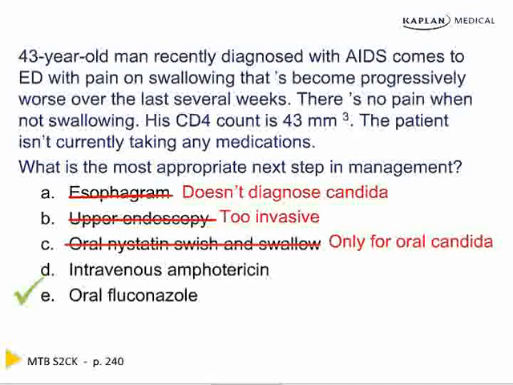Oral nystatin swish and swallow is not sufficient to control esophageal candidiasis. It really only treats oral. Intravenous amphotericin is used for confirmed candidiasis not responding to fluconazole. Therefore, it would be considered too much of a big gun. So remember, if a patient presents to you with the following presentation, start with fluconazole first. If their symptoms don't improve, then move on to endoscopy.